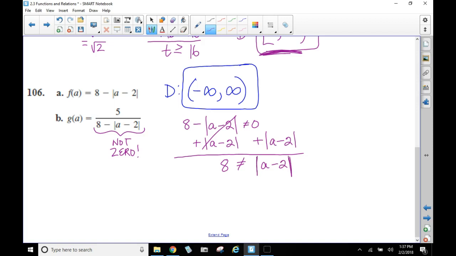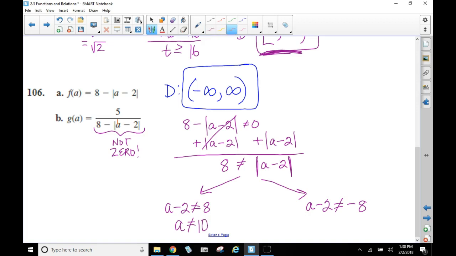And do you recall how to handle an absolute value equation? We break that apart into two different equations. One of them we say a minus 2 can't be equal to 8. And we say a minus 2 can't be equal to a negative 8. Now, if we add 2 to both sides over here, we say a can't be equal to 10. Think about that.